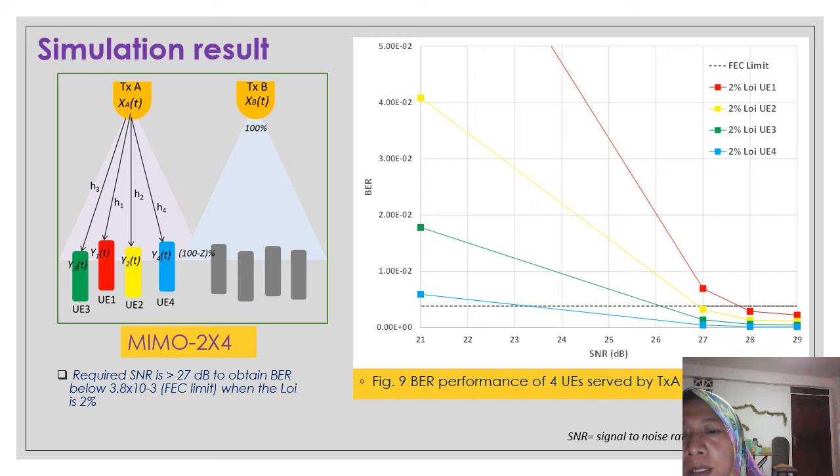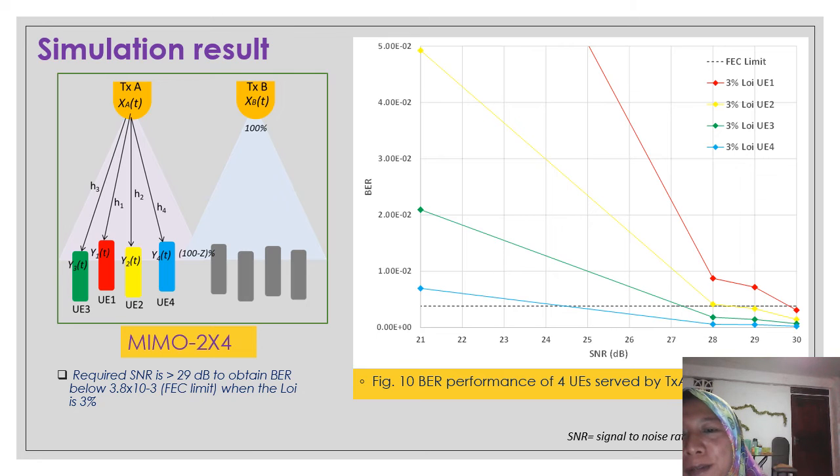So the transmitted signal of TXA must have an SNR above 27 dB to maintain the bit error ratio below the FEC limit.